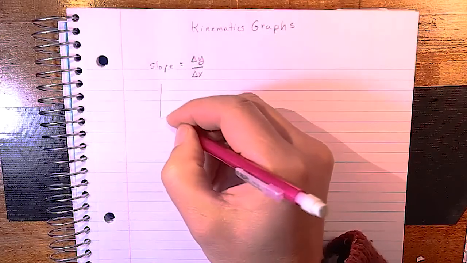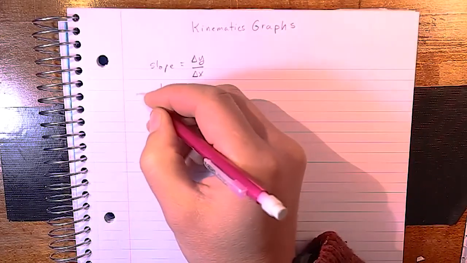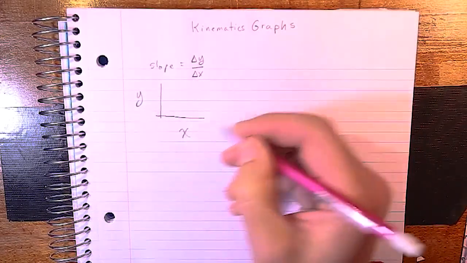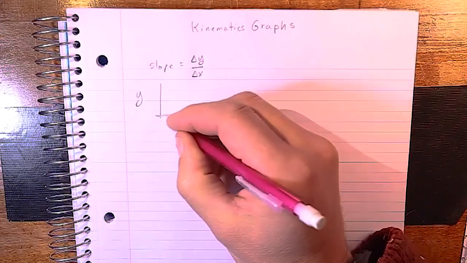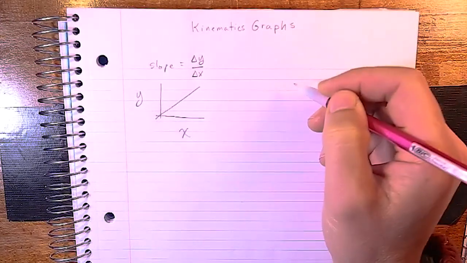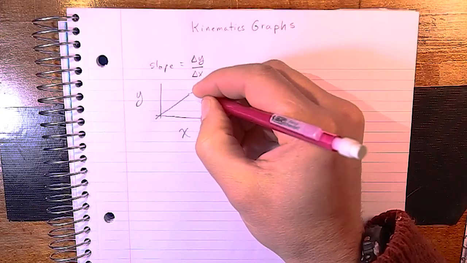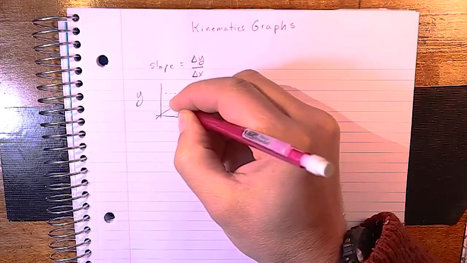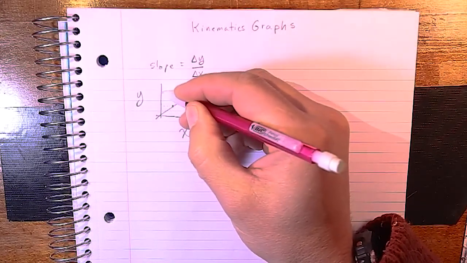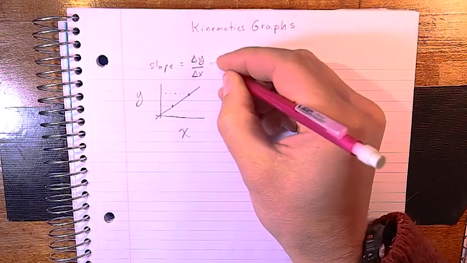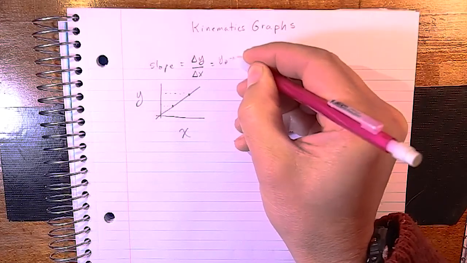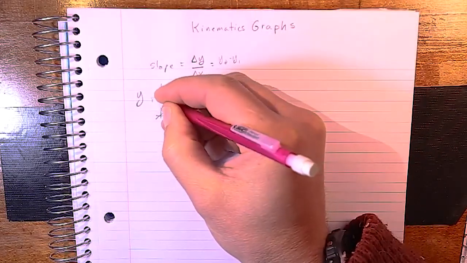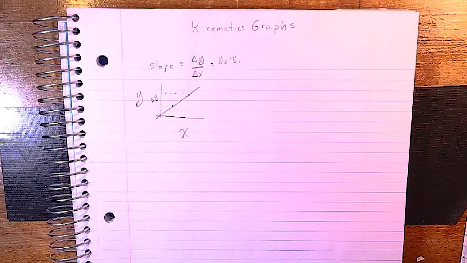So if we have a graph like this, and we have our y-axis and our x-axis, and let's say we have a graph that looks like that. If we pick a couple of points on that graph, this is going to be our y2 and our y1. So change is y2 minus y1, and that would be our change in y.